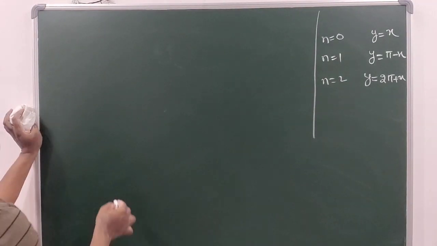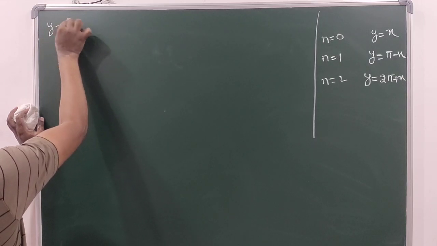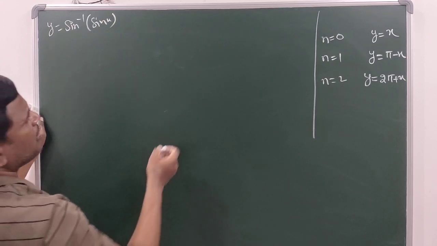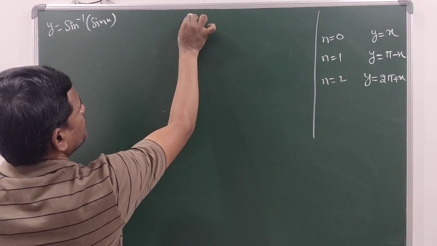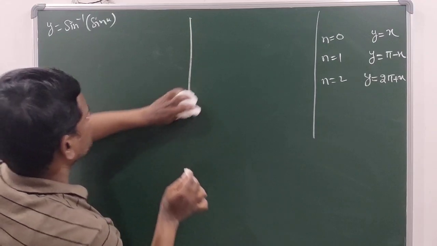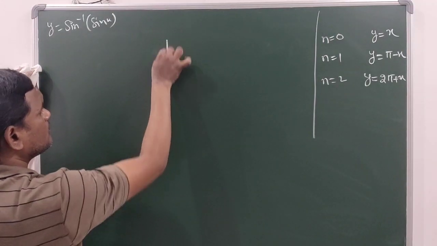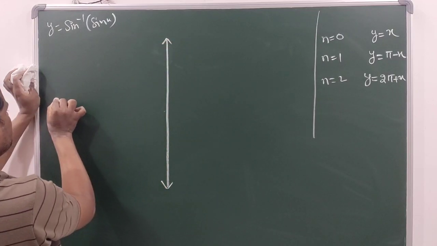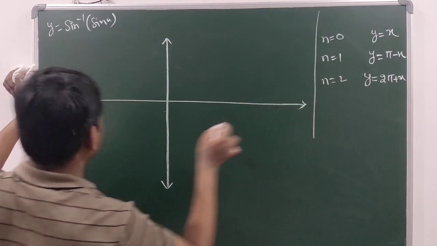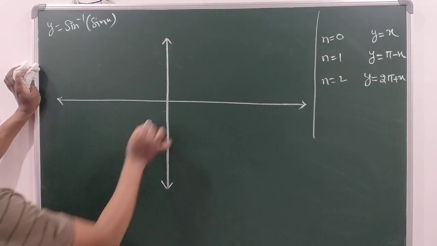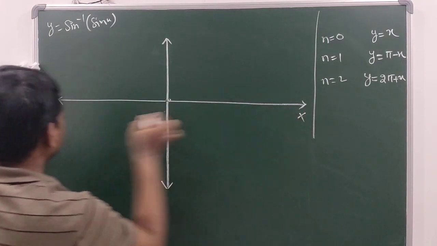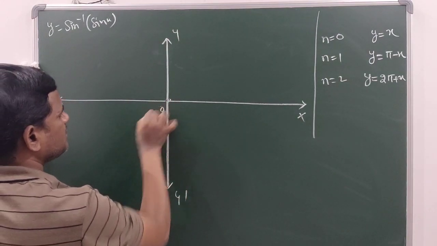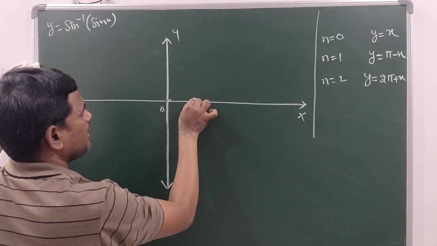Right. Now see here, I am drawing the graph of y equal to sine inverse of sine x. This is the x-axis and this is the y-axis. Now take 0 here and here it is 90.